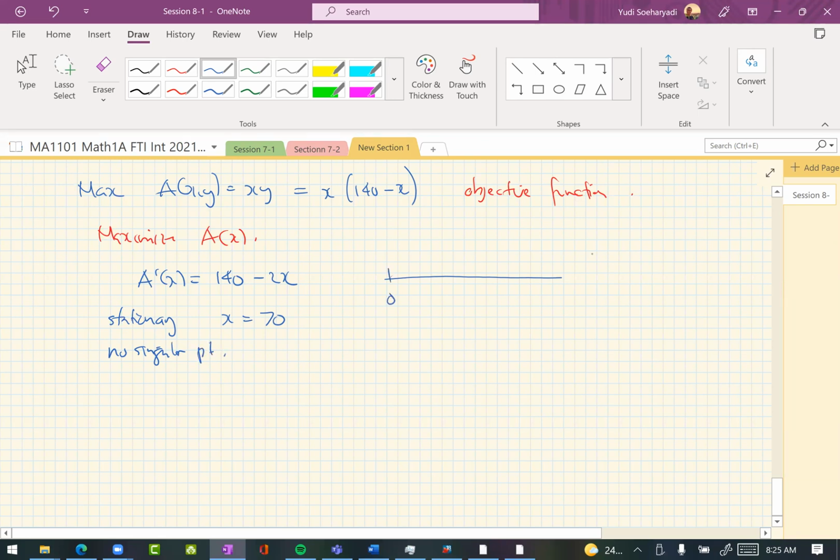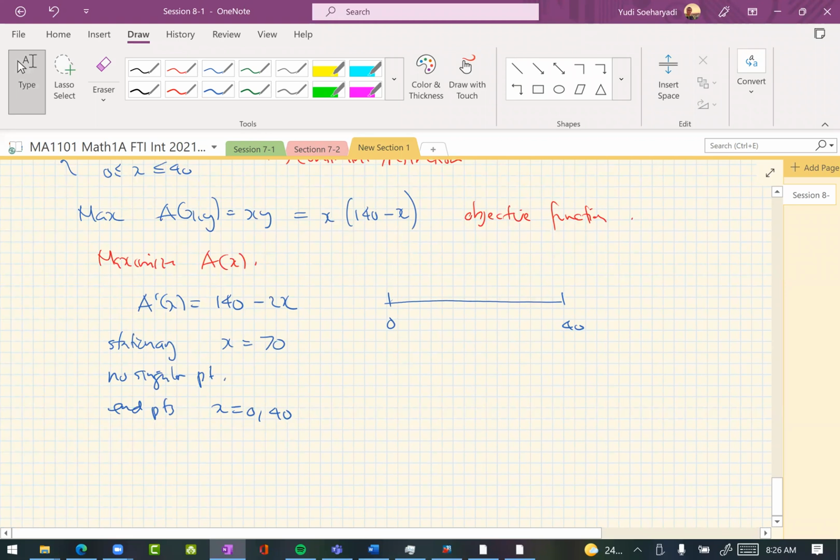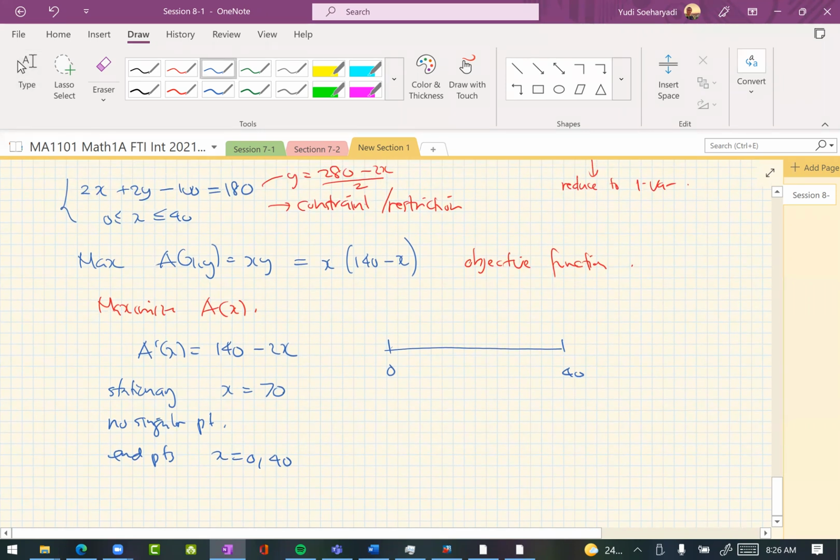But the thing here, if you have endpoints, because of these restrictions. Oh, sorry. X, 70 is just outside this one here. Let's see.